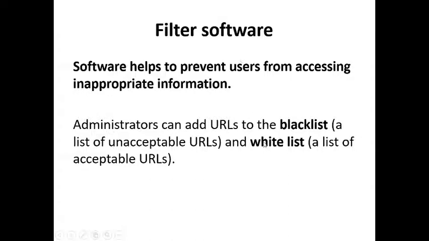So, how to protect these children from accessing these inappropriate websites? That's why filter softwares are there. So, you can block a set of websites. Then we call it a blacklist. Then those children can access the rest. It means the whitelist, the acceptable URLs.